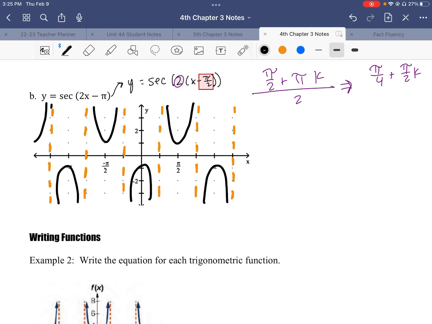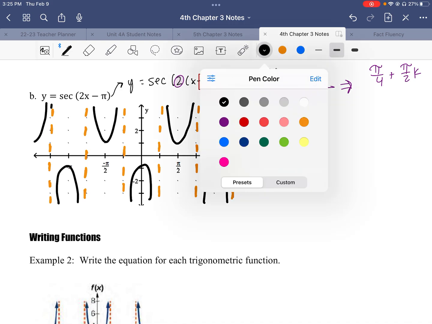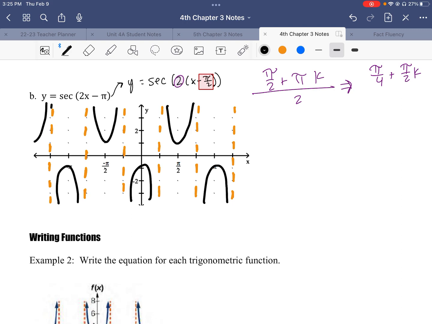You can think about these graphs that way if you prefer. I personally would have done, well, secant is 1 over cosine. So I would have said the 1 over cosine graph would be here, here, to 2 pi.